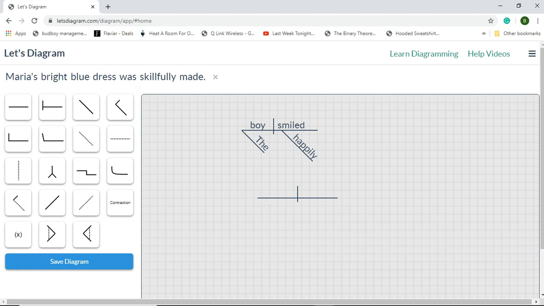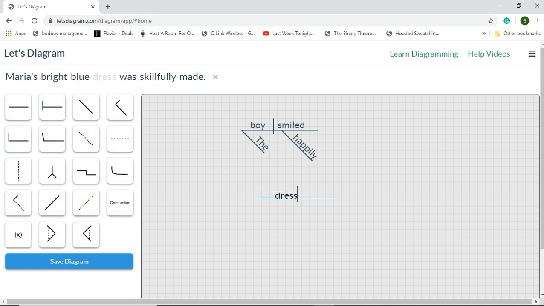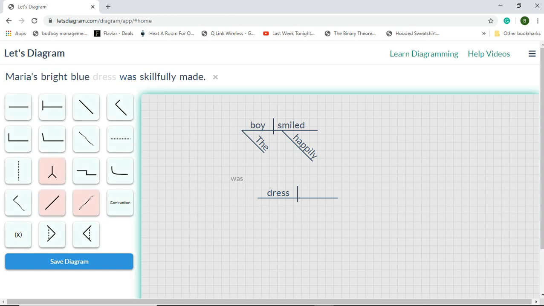Good. And let's find the subject of the sentence. What is the subject in this sentence? The subject of our sentence is dress. Now, what is the helping verb in the sentence? Was is a helping verb.